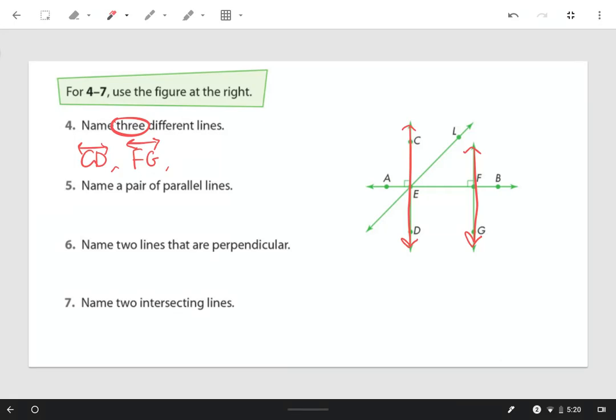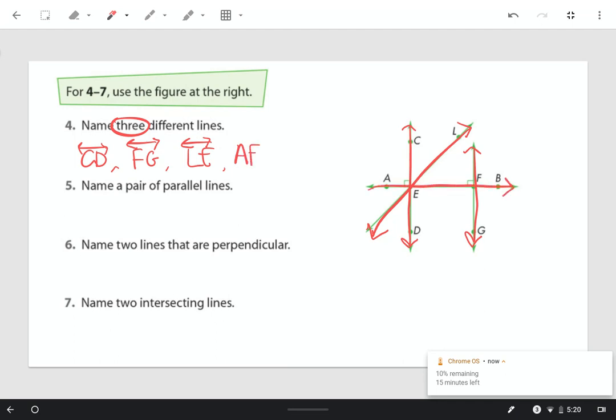And now I want you to find one more. So go ahead and pause. And I want you to find one more line and write it or label it for number 4. Okay, now that you have written your third one, you could have either done line LE, which is right here, or you could have done line AF, which is here, line AF.